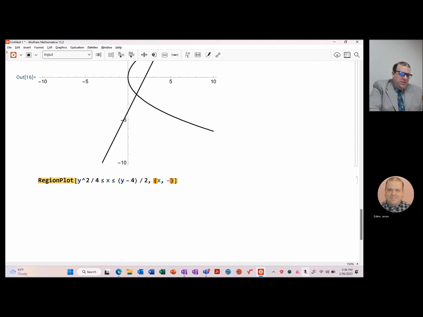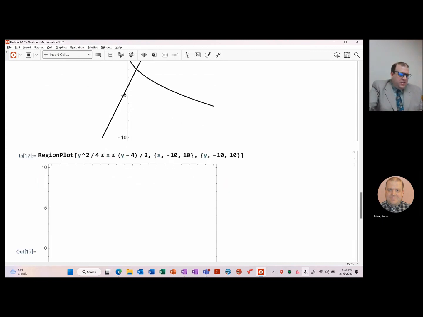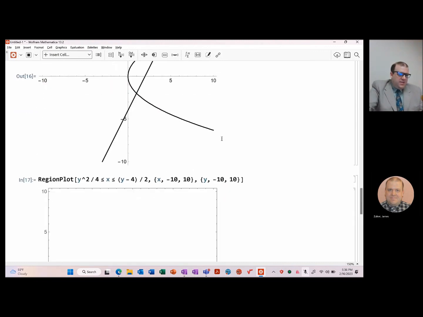And again, I have to pick x and y, so let's just do that. This should work. It didn't. What did I do wrong?